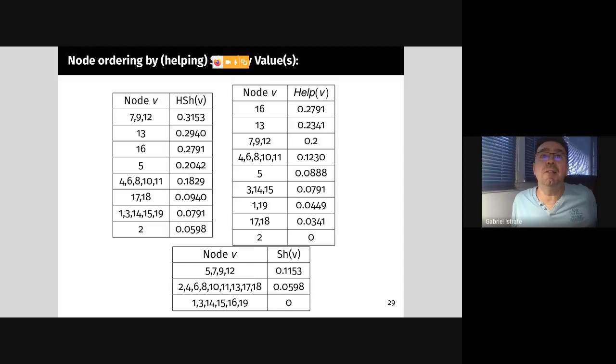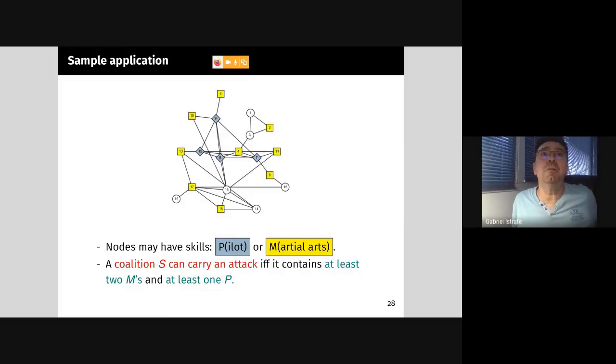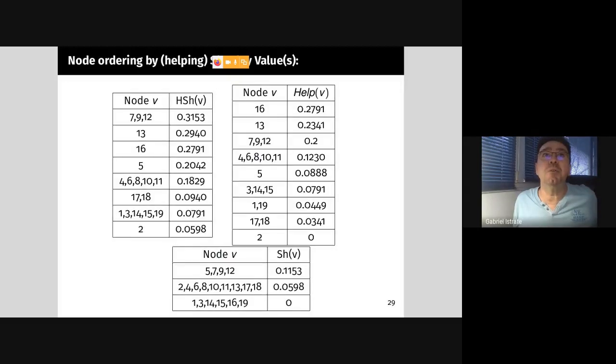It's the nodes that are pilots, 5, 7, 9, and 12, which are the most important from the point of view of their own skill. So being a pilot is more important. Then come all the yellow nodes, which are martial arts. Then come all the white nodes, which have no skills. That's what the ordinary Shapley value is telling us.